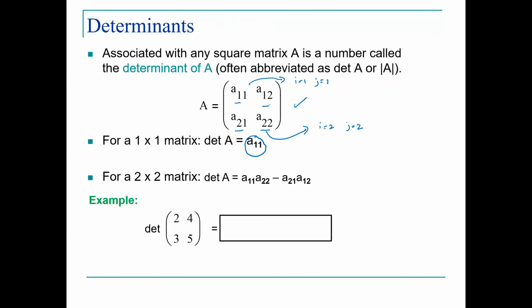As the example is going to illustrate, if I want to find the determinant of this square matrix, this is going to be equal to A11 times A22. So in this case, this is 2 times 5 minus 3 times 4, and this is equal to minus 2.